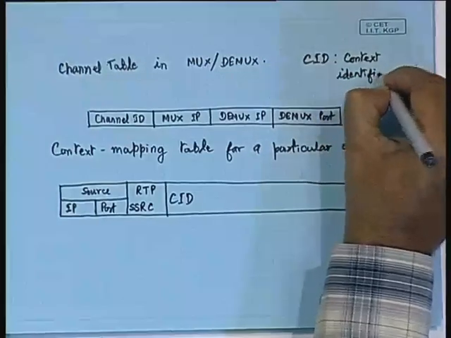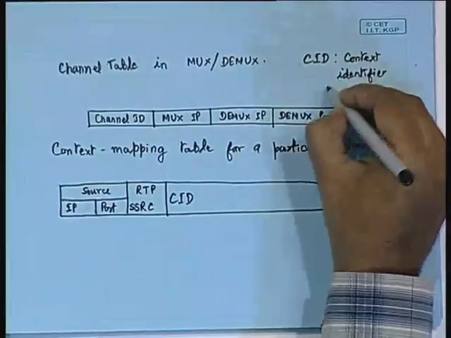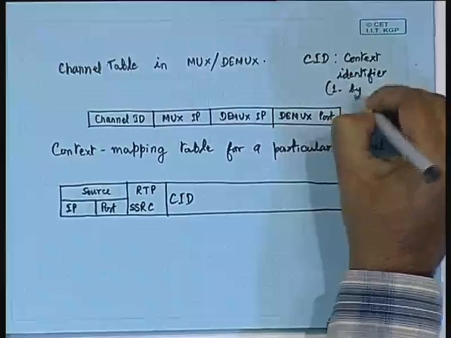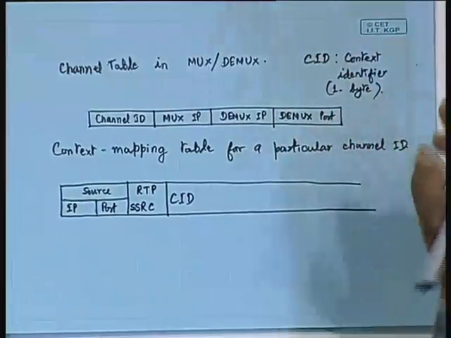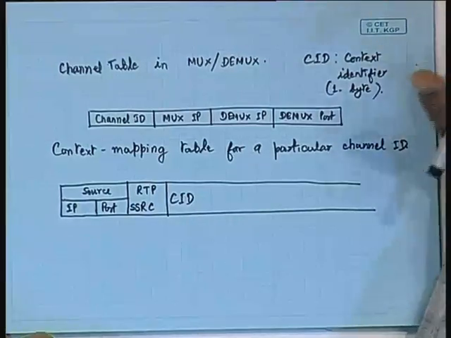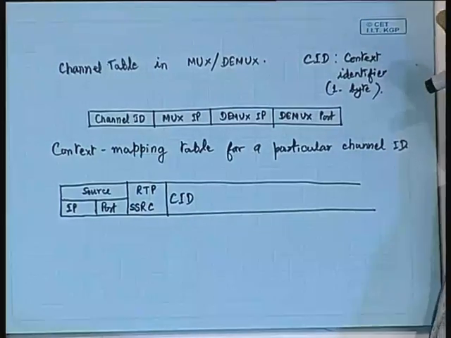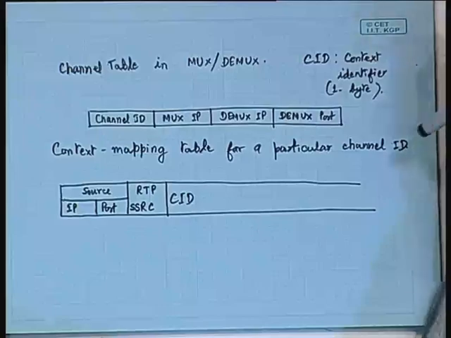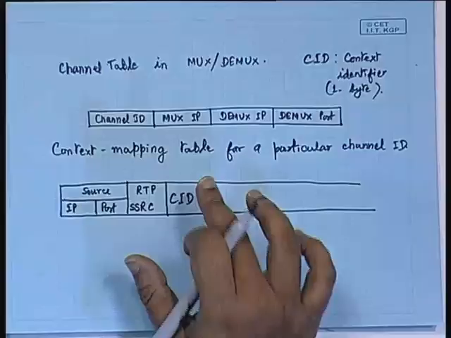This is a number, a 1 byte information. This is a number that is assigned to one particular stream. So, if it is source 1 sending to destination number 5, that will have a unique CID. It will be assigned a particular CID, and that CID will be there.